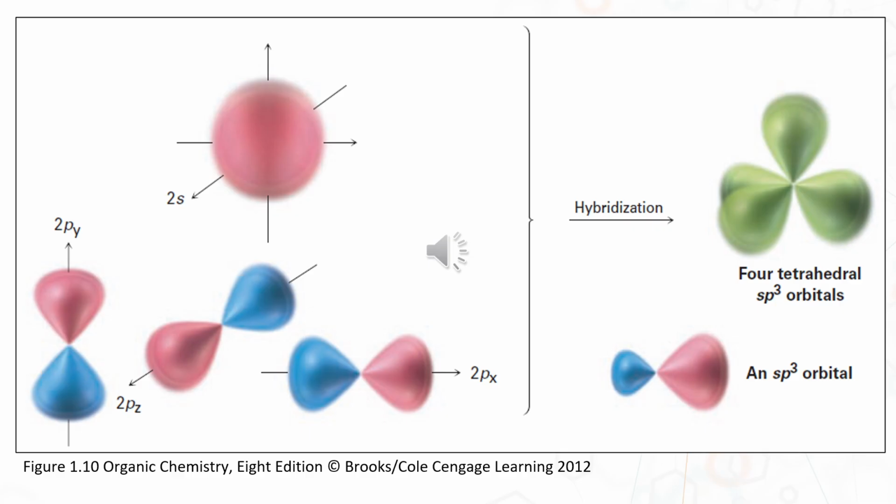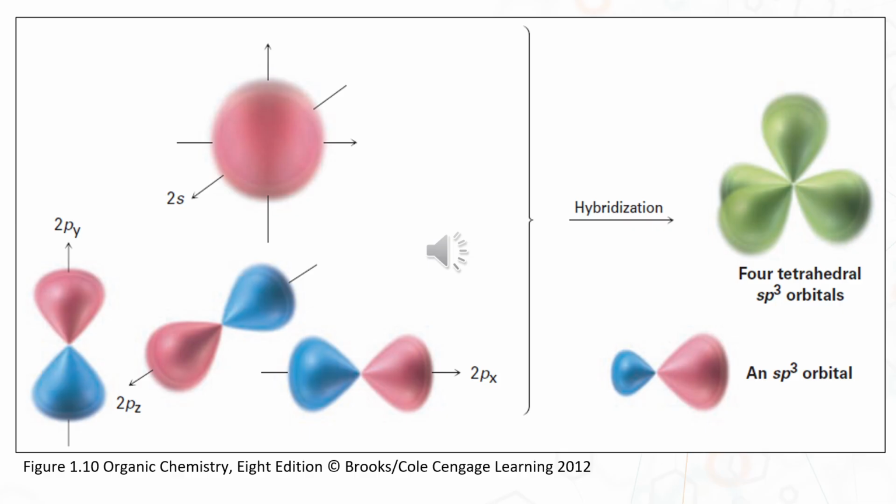Next, this image illustrates the sp3 hybridization. On the left side are the atomic orbitals of carbon: one 2s orbital and three 2p orbitals. During hybridization, these orbitals mix together to form four equivalent sp3 hybrid orbitals. The four sp3 orbitals are arranged in tetrahedral geometry to minimize electron repulsion.